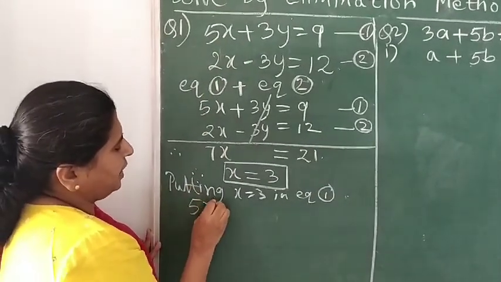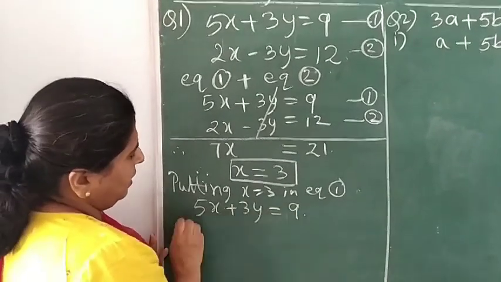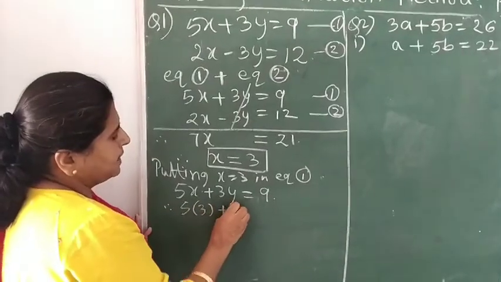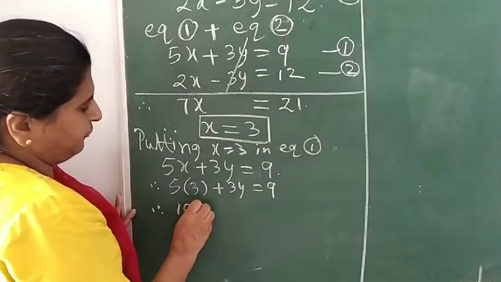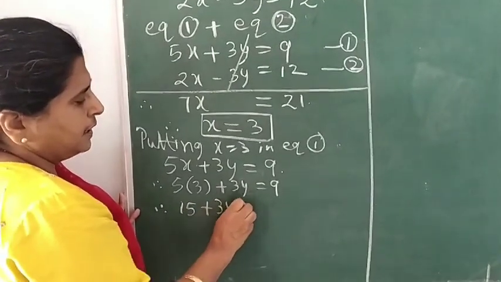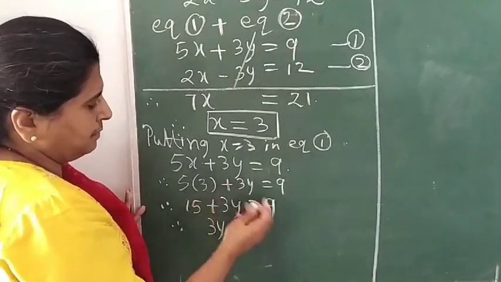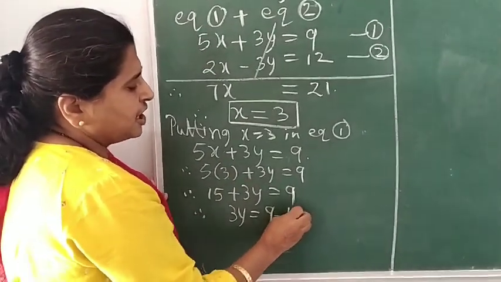It is 5x plus 3y is equal to 9, and therefore 5 into the value of x we have got, 3, plus 3y is equal to 9, and therefore 5 3s are 15 plus 3y is equal to 9, and therefore 3y is equal to 9 minus 15. 15 is going to the other side, we change its sign.